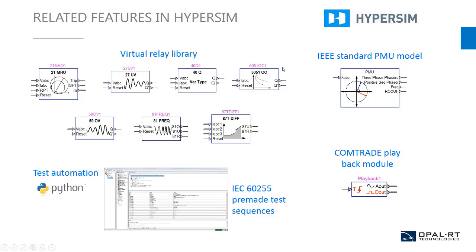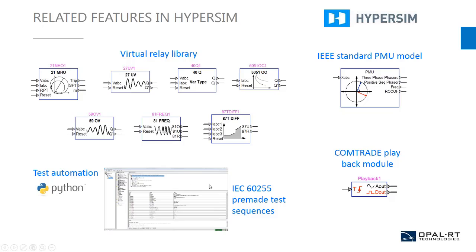We have also recently added the IEEE standard PMU model to our standard libraries. You've also seen in the previous presentations today the test automation tool that we have, TestView, that is great and easy to use to automate test sequences.